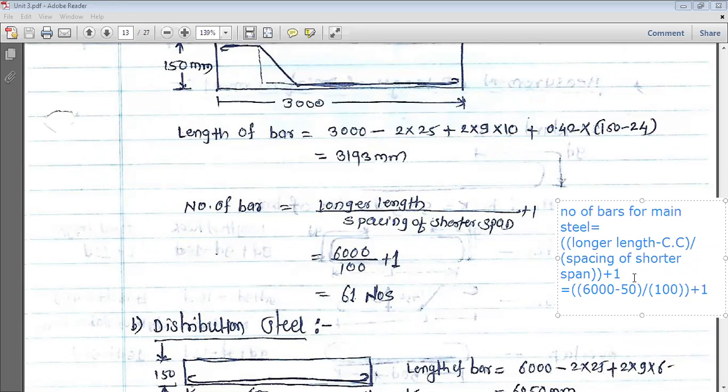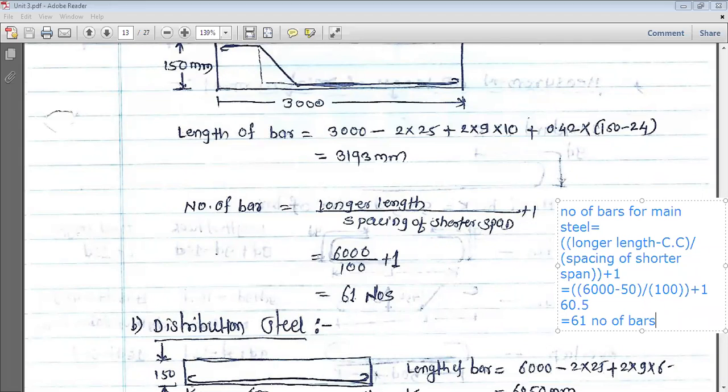If you do the calculations, how many bars do you require? 5950 divided by 100 is 59.5, plus 1 comes to 60.5, which is around 61 bars. 61 bars that you require.